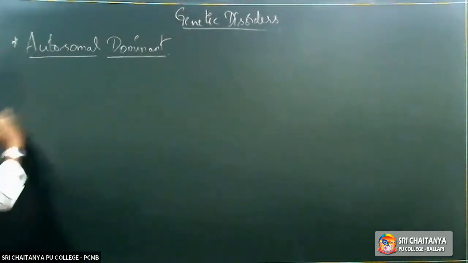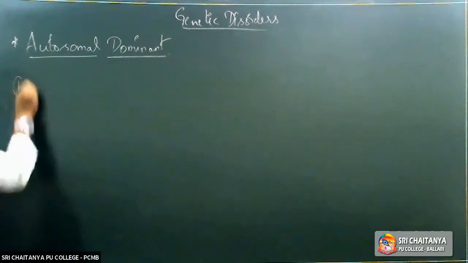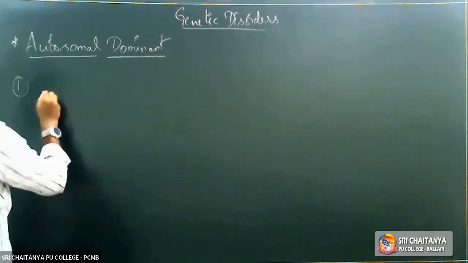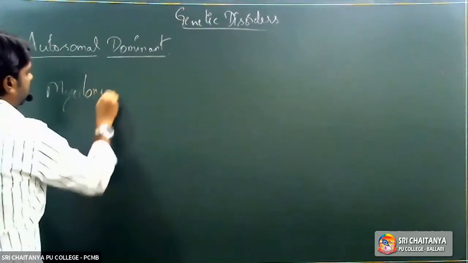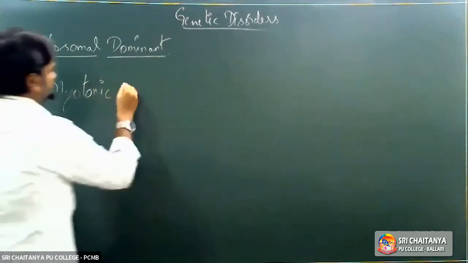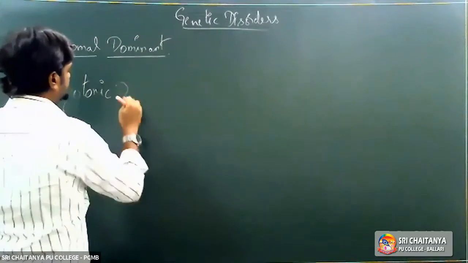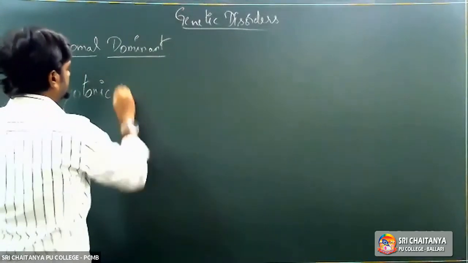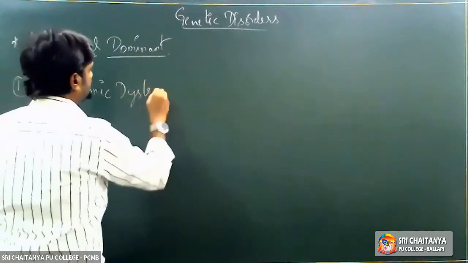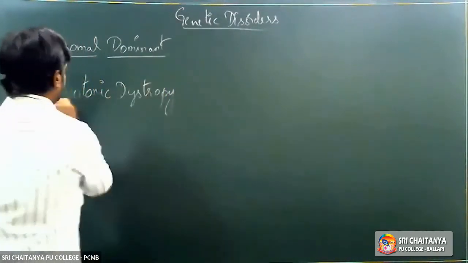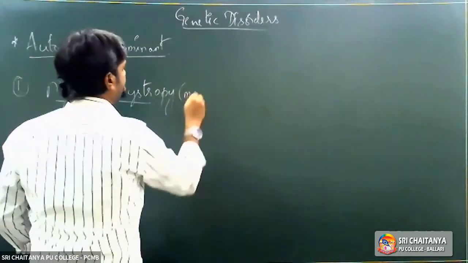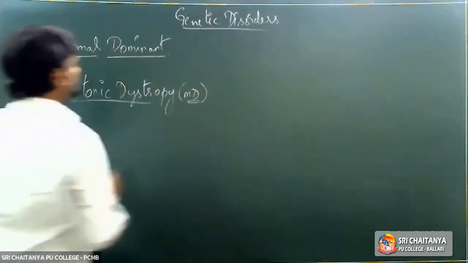Under this, let us take up the first disorder, which is called myotonic dystrophy, simply referred to as MD.